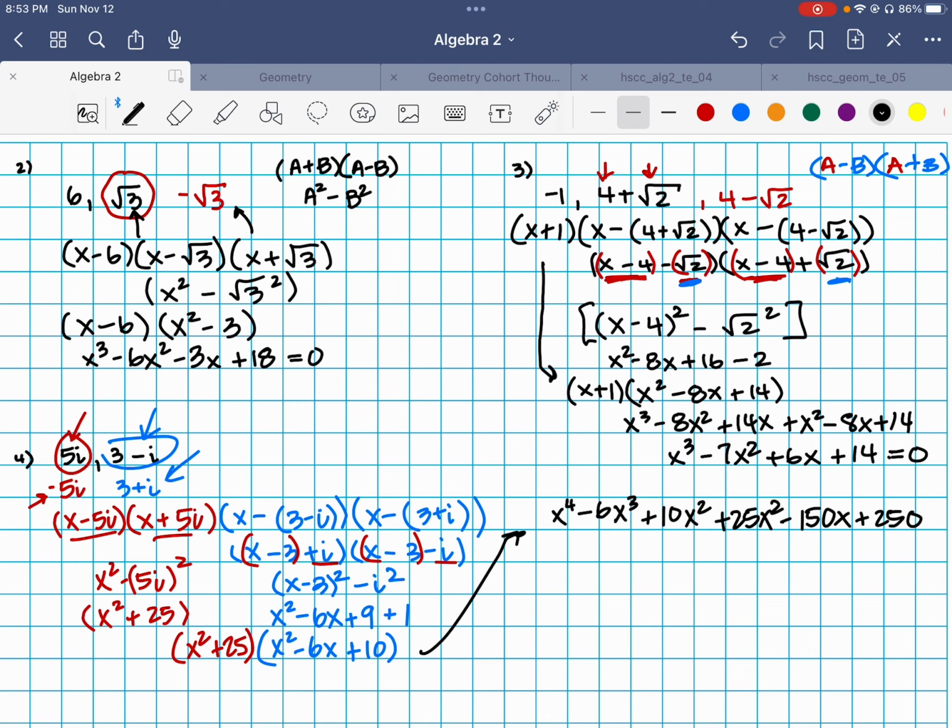And we're going to collect like terms on that guy, x to the power 4. There's only 2 like terms here. That's going to be x to the 4 minus 6x cubed plus 35x squared minus 150x plus 250 is equal to 0.